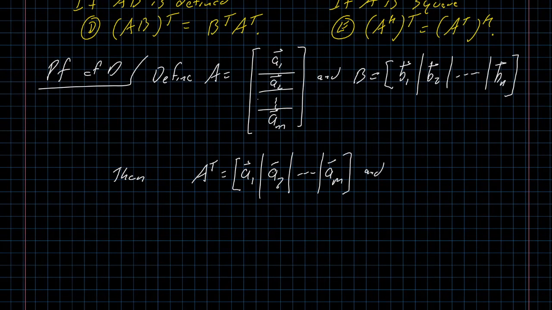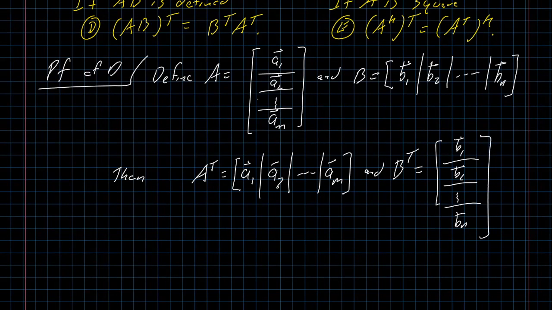And likewise, the transpose of matrix B is going to be made up of the same n vectors, but instead of being column vectors, they are now row vectors.